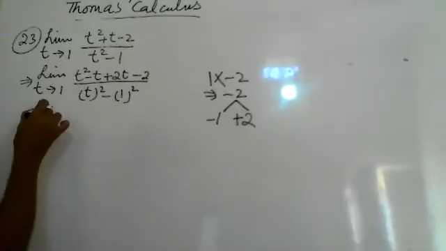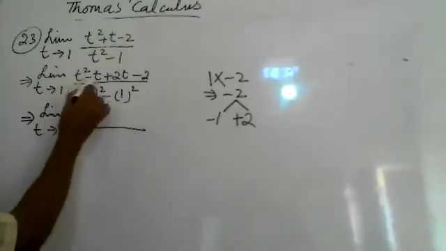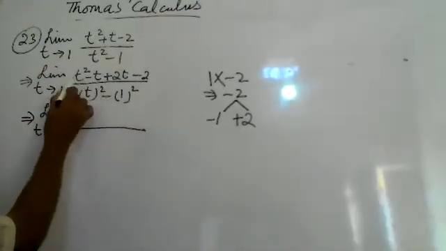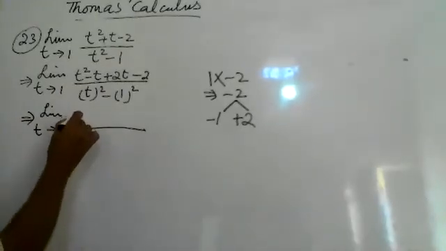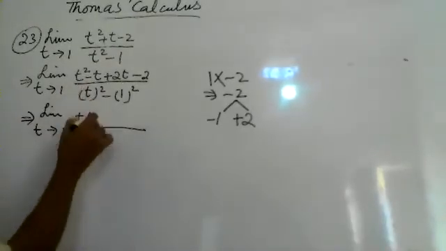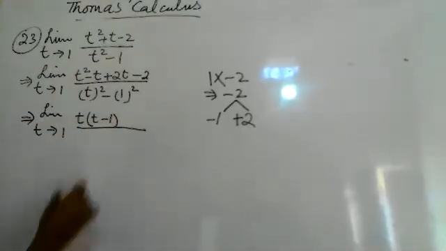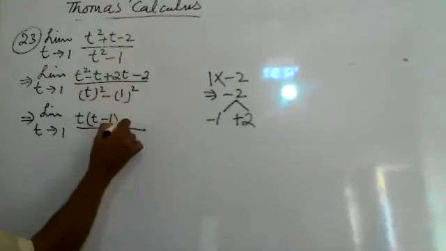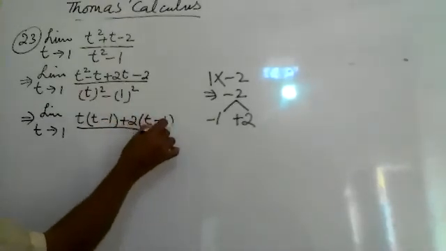Limit t tends to 1. This is one pair. From the first pair, t square minus t, t is common. Inside will be t minus 1. From here 2 is common, t minus 1.